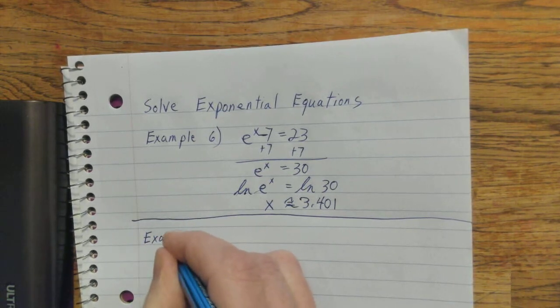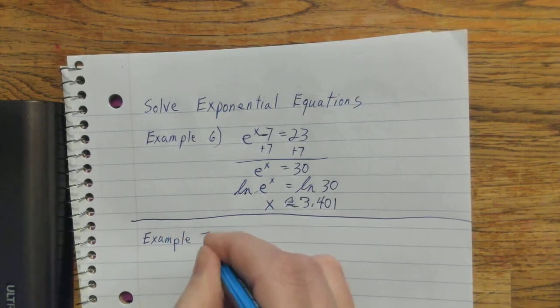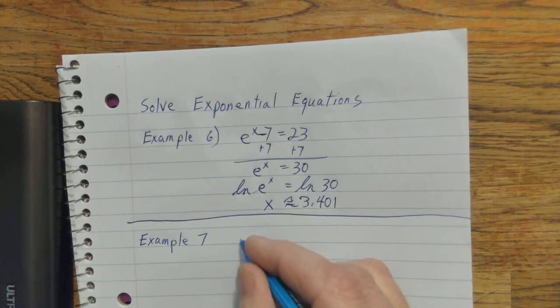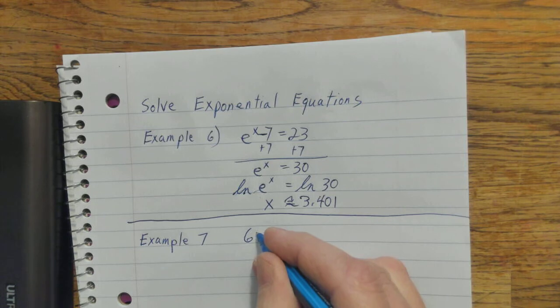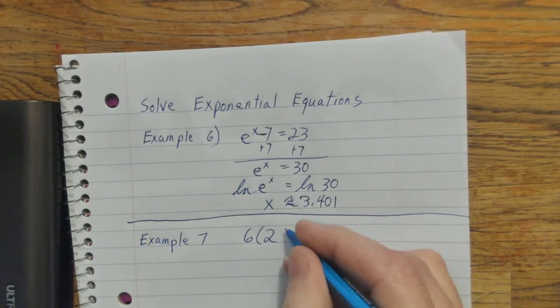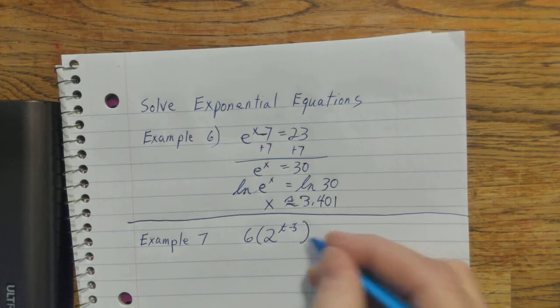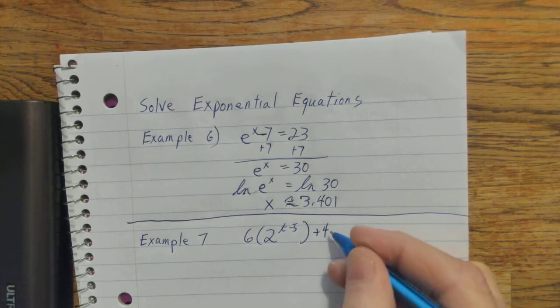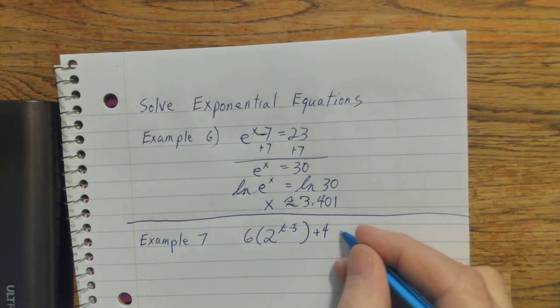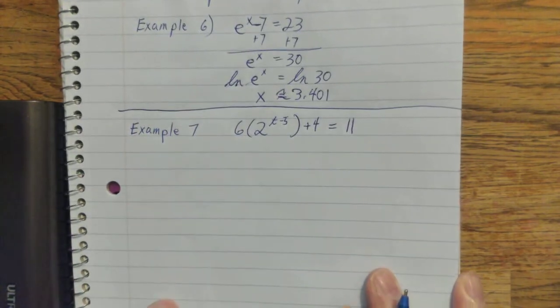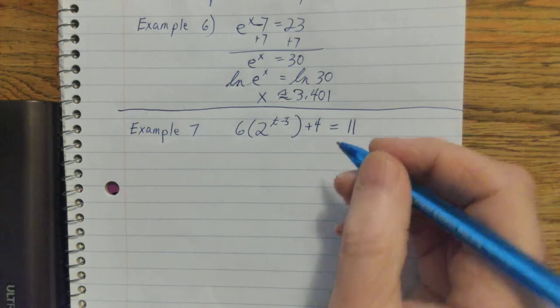And example 7, the equation 6 times 2 to the power of t minus 5 plus 4 equals 11. All right, let's do some solving.